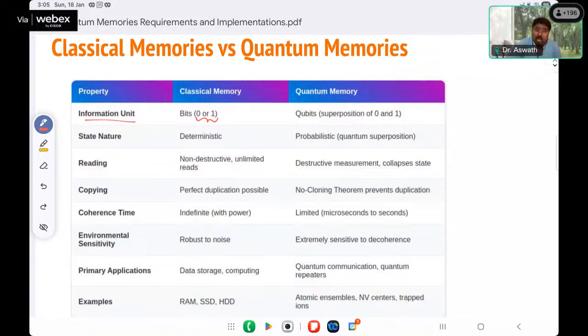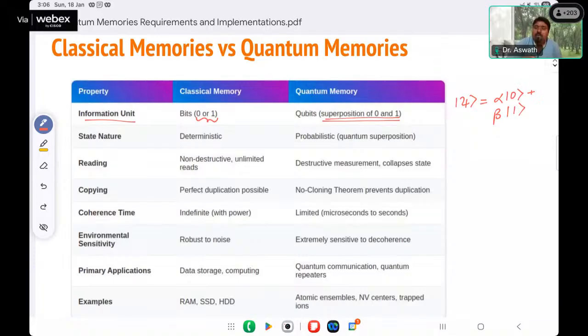But if I have a quantum memory, it is not as straightforward as 0 and 1. It is an interesting form of 0 and 1 together. That's a superposition for you. A quantum state, by now you are comfortable with the Dirac notation of a quantum state, which is a superposition of the 0 and 1 kets, where alpha and beta are probability amplitudes.